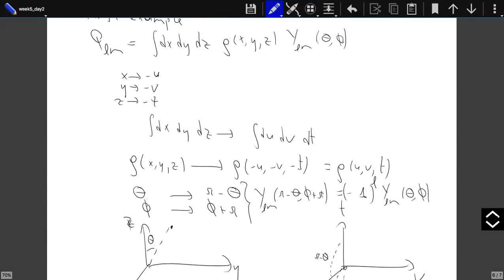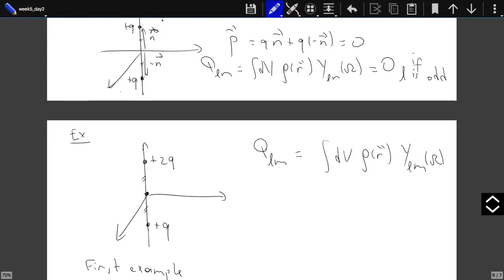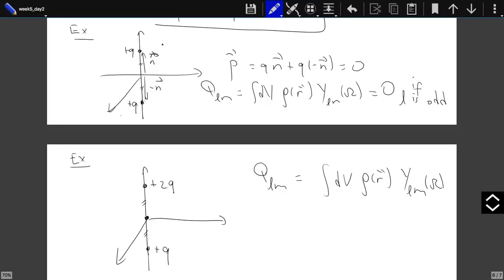Now, the critical thing here, well, this property of Y_LM is the same independent of the charge distribution. This property of the volume measure is the same independent of the charge distribution. What is the property of the charge distribution? So if under this change it doesn't change sign, just like in our first example, then all the odd moments vanish.